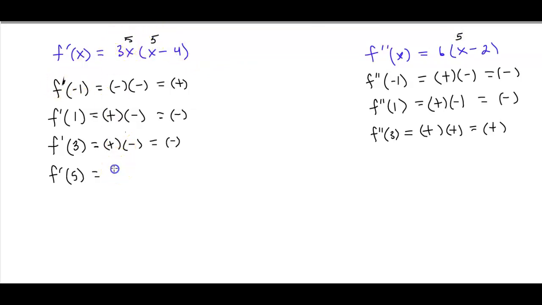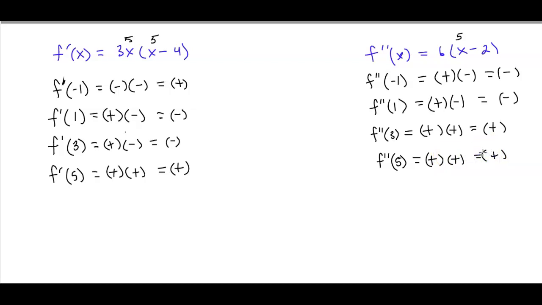So 5 times 3 is a positive number. 5 minus 4 is a positive number. So that result is positive. We'll do the same thing with the second derivative. Of course, 6 is always positive, and 5 minus 2 is positive. So that result is positive here.